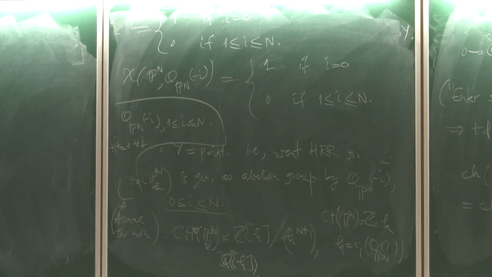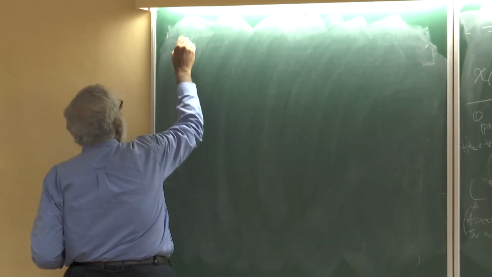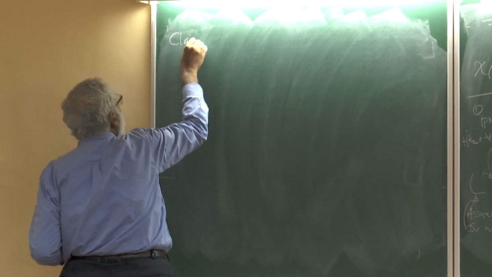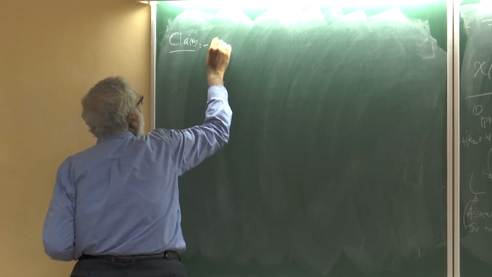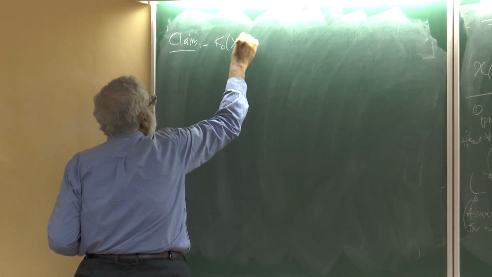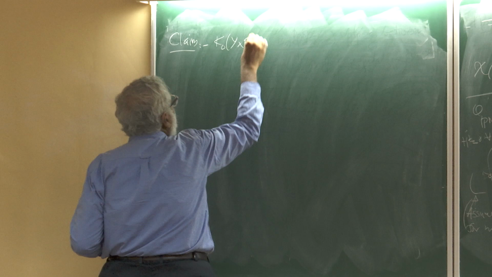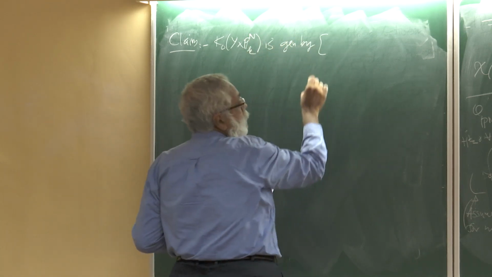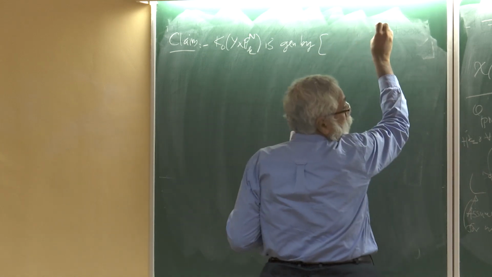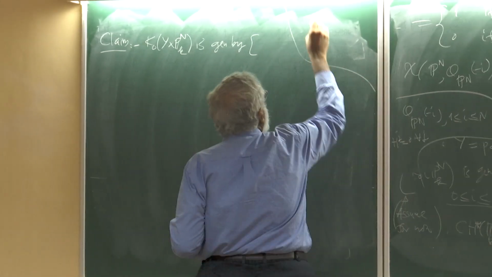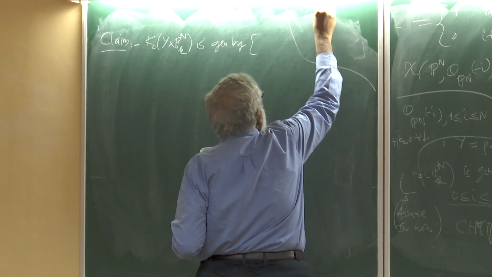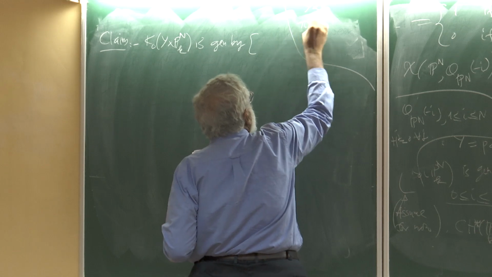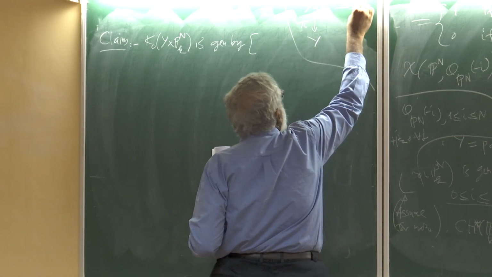What I claim is that K naught of Y cross P^n is generated by classes. So I erase that diagram, I suppose. I had Y cross P^n to Y by projection, but I also had another map eta to P^n k.